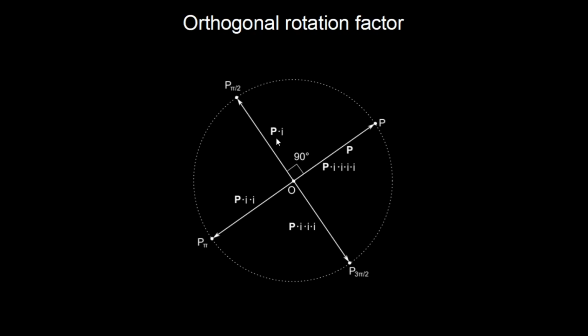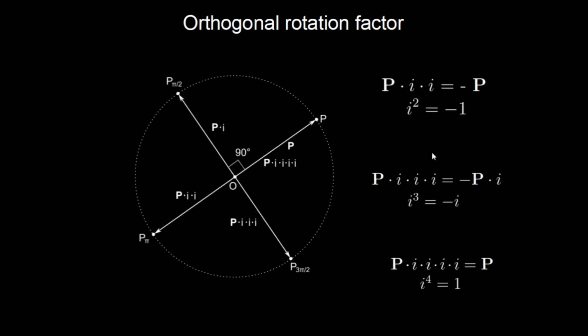Multiplying I again makes vector bold Pi rotate to vector bold Pii. We then have the following results. Vector bold Pii is the vector here, which has a reverse direction of vector bold P. Thus, I squared equals -1.